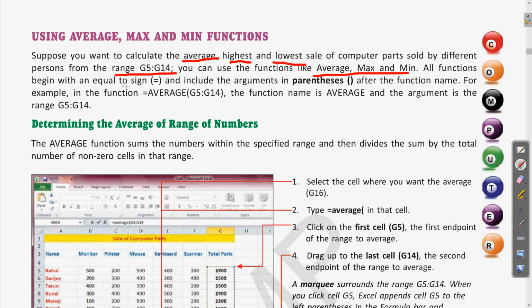As we have seen earlier, when we used addition, there also we wrote the equal to sign. So when we see how to use a function, we will see that these functions also begin with the equal to sign, and with the equal sign there will be some values, arguments, in the parentheses.